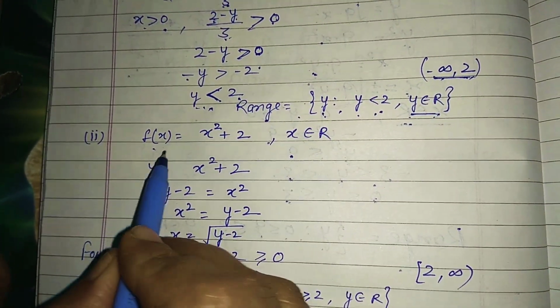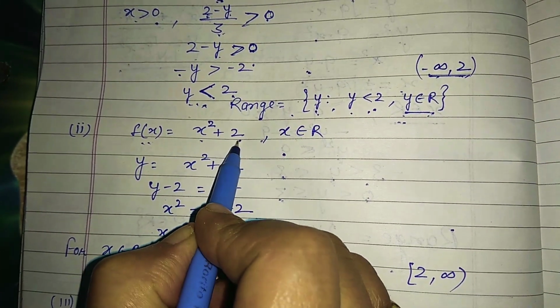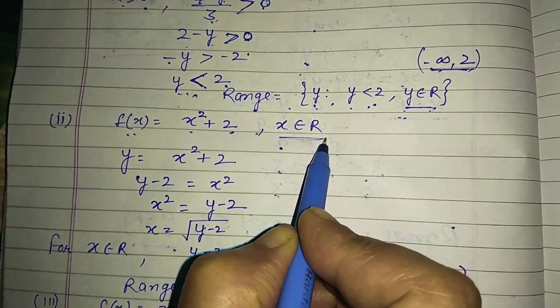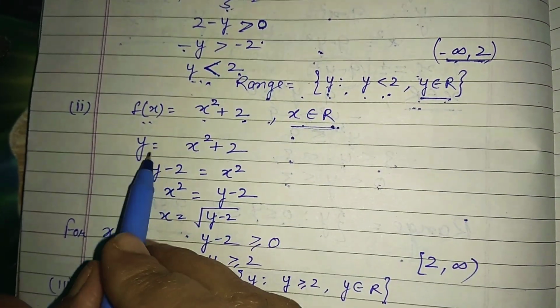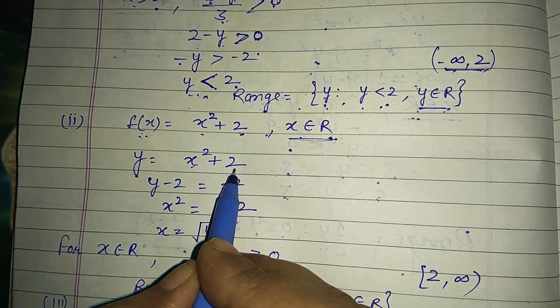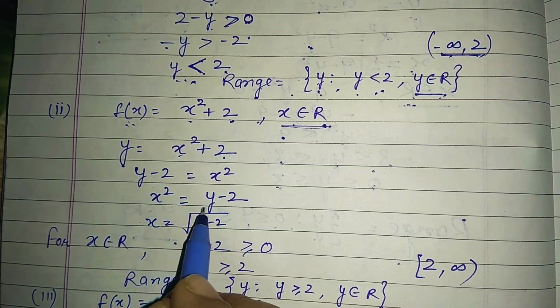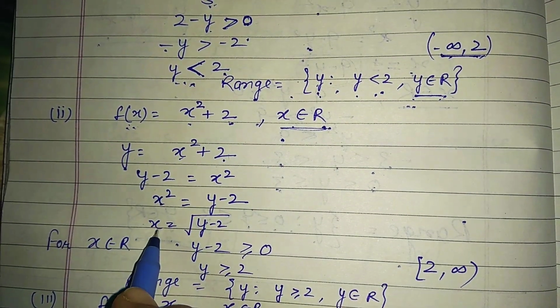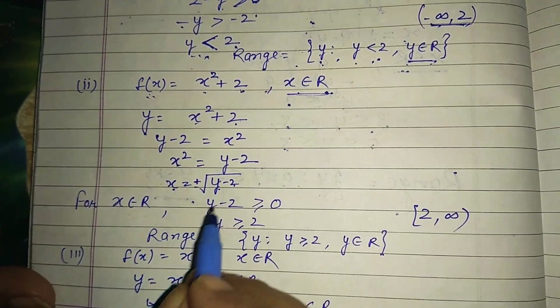Now the second part, f(x) is equal to x square plus 2, and x belongs to real numbers, it means the domain is all real numbers. So what will we take f(x) as? y, it is x square plus 2. We will take 2 to this side because from this we will find x. Okay, so x will be the square root of y minus 2. You can take plus minus square root of y minus 2.